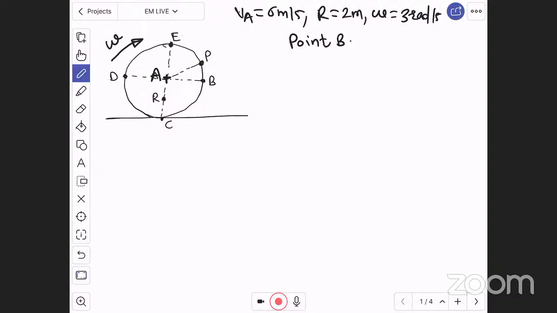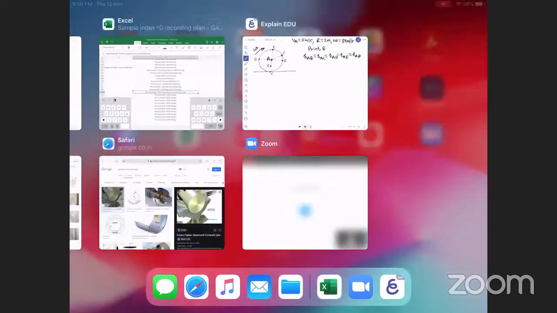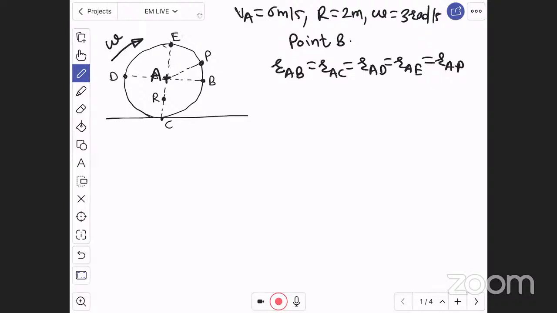That is, radius AB is equal to radius AC is equal to AD is equal to AE is equal to AP. All distances are the same, which is nothing but the radius of wheel, which is 2 meter.